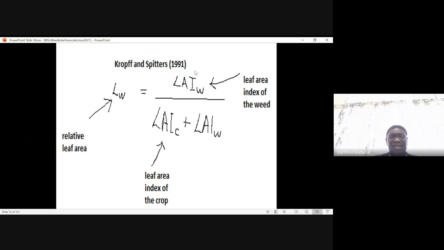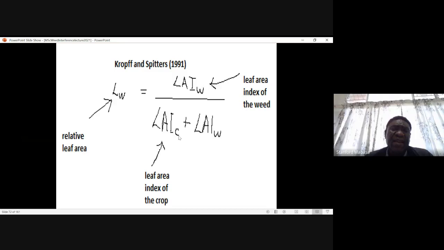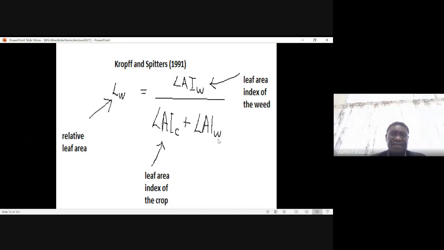You actually measure the area of the leaves and get leaf area index. You do the same with the crop. Then we have this ratio where you have leaf area index of the weed divided by leaf area index of the crop plus leaf area index of the weed.